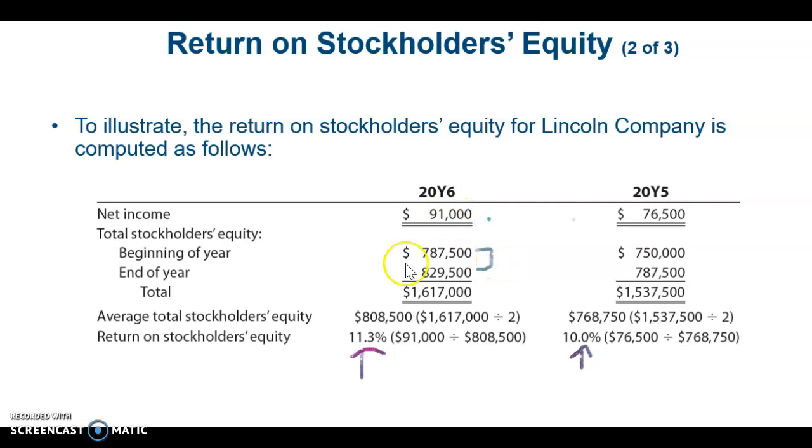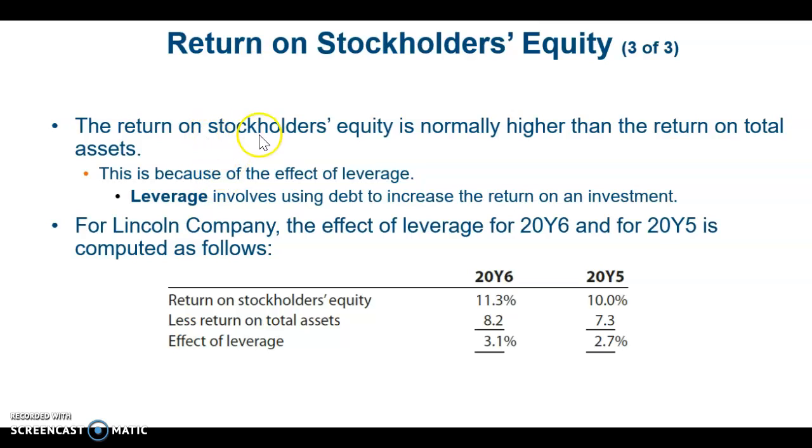Now, who would be interested in this ratio? Stockholders, your investors, someone that bought company stock would be very interested in this. Okay, so it's giving us the return that stockholders get when they invest. Okay, the return on stockholders' equity is normally higher than the return on total assets because this is called leverage, and what we do is we use debt to increase the return on investment.